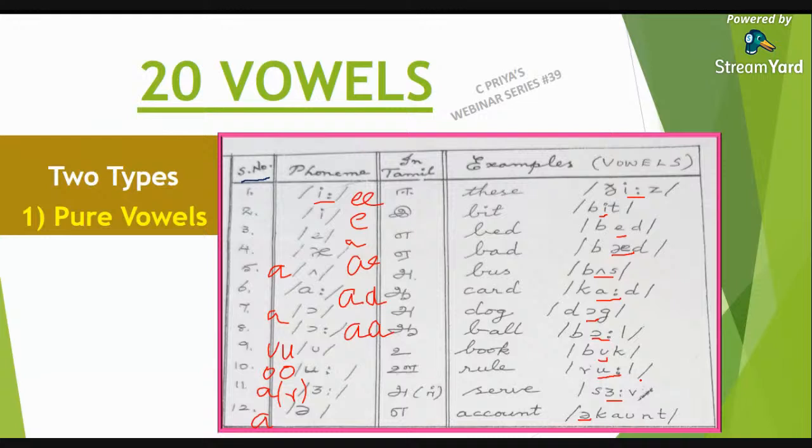Try to read. Now we can revise and take a screenshot, please.